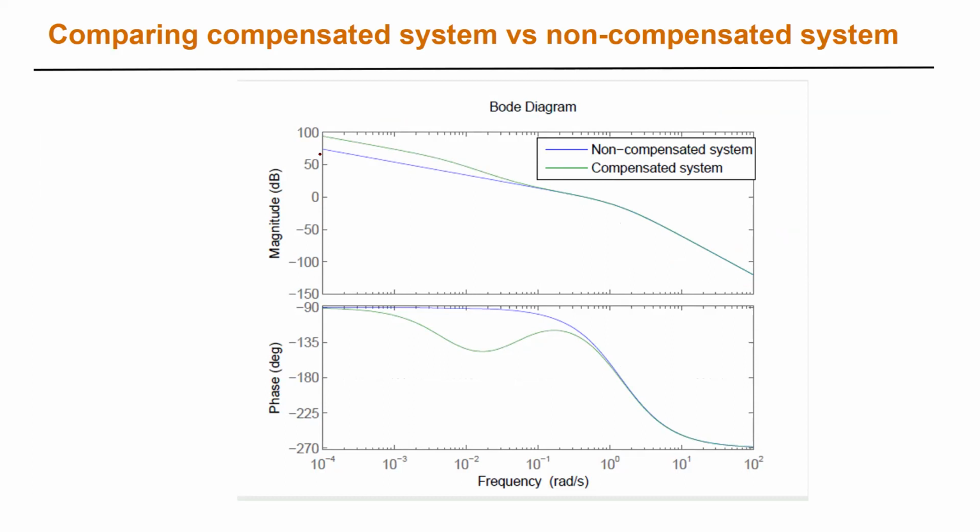Okay, so look what happened. In the lower end in here, I changed the Bode plot of the system, while at the higher frequencies, the compensated and the uncompensated are exactly the same.